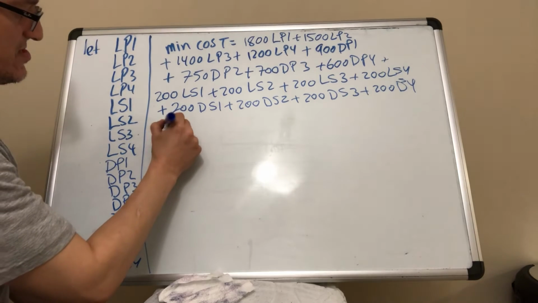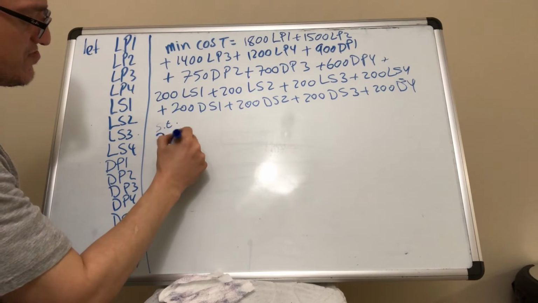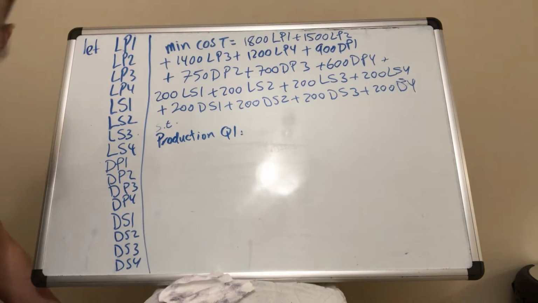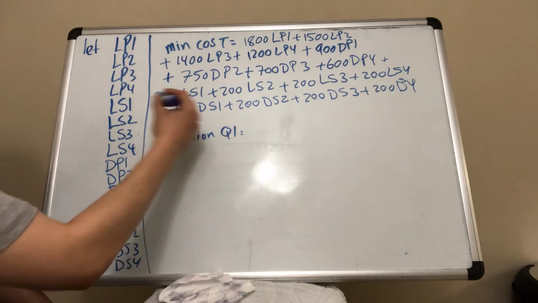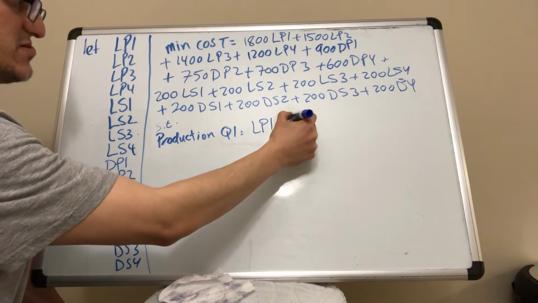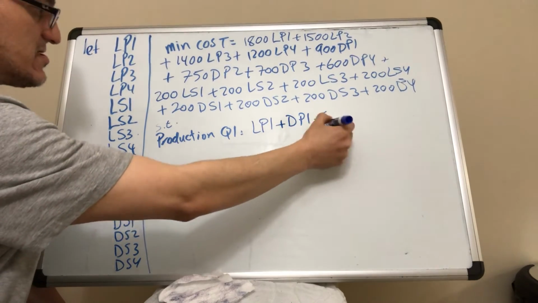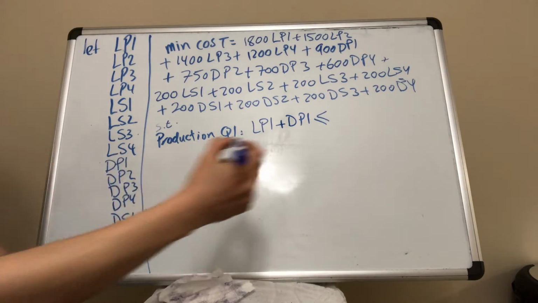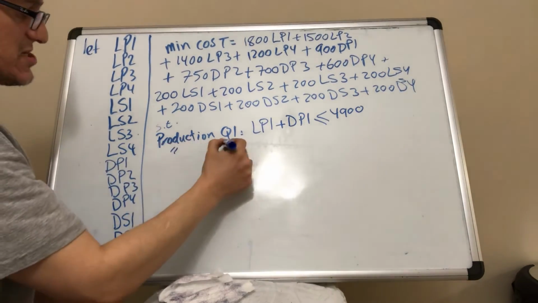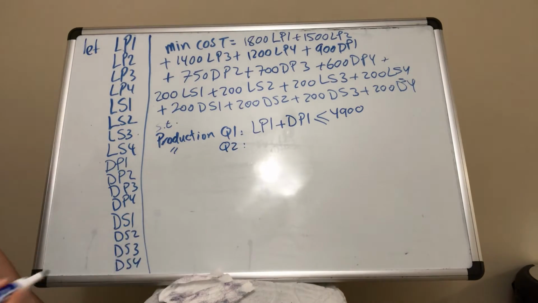So I'll consider this production Q1. Your production capacity for first quarter is 4,900. You can produce L, you can produce a D, not to exceed your capacity of 4,900. What's your production like quarter two?